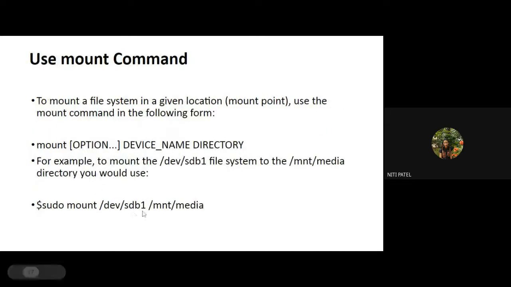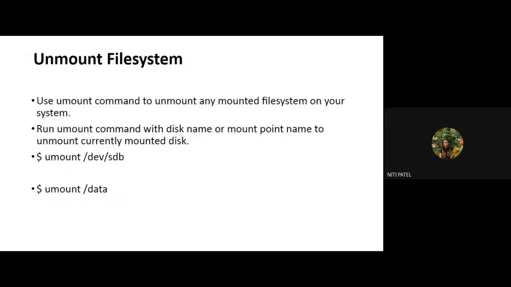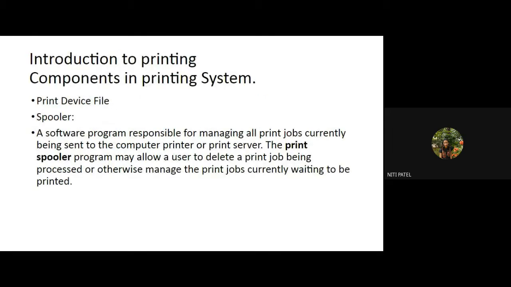So you can directly use this sdb1 to unmount, or you can specify the mount point media to unmount the file system. And unmount means whatever was accessible to you up till now will no longer be accessible. So to access, you use mount, and to stop the access, you use the umount command. So we had done up till here.